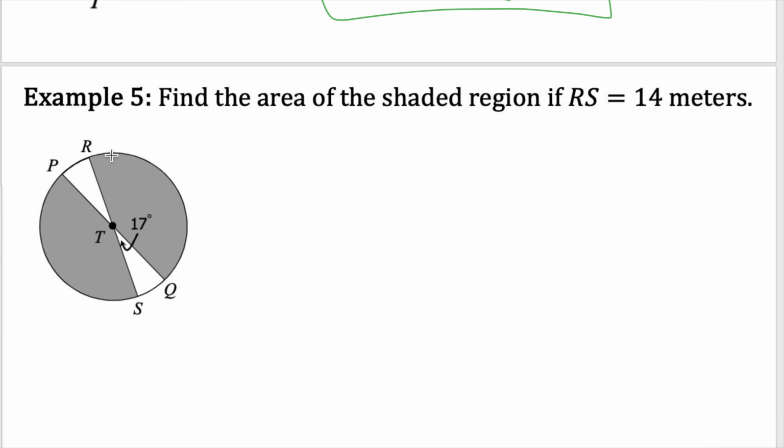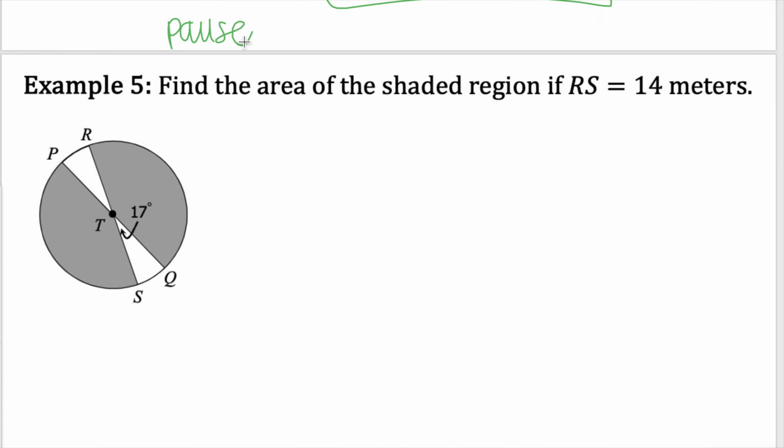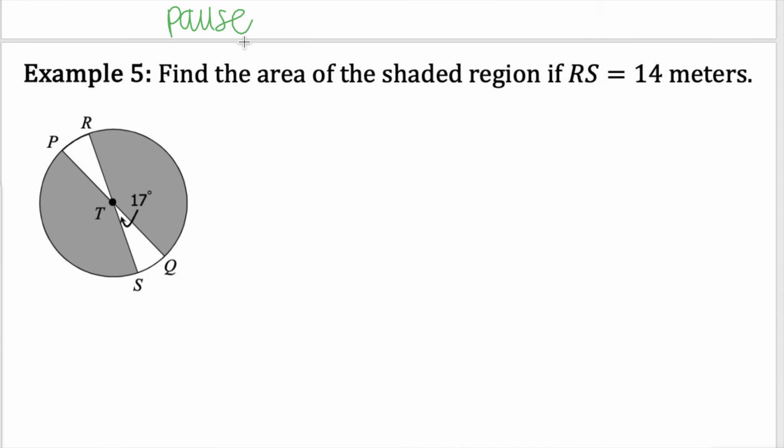On the back, example 5, again, pausing here if you want to try this on your own. When you're ready to check it, click play. So the difference with this one is we've got multiple shaded regions, but they're appearing to be the same, and we're given RS, which is the diameter. So we just want to fix this to make sure we have the radius. So radius is going to be 7 meters. And then some things I did here is I took apart, okay, I have two sets of 17 degrees, so that's 17 times 2, subtracting that from 360.